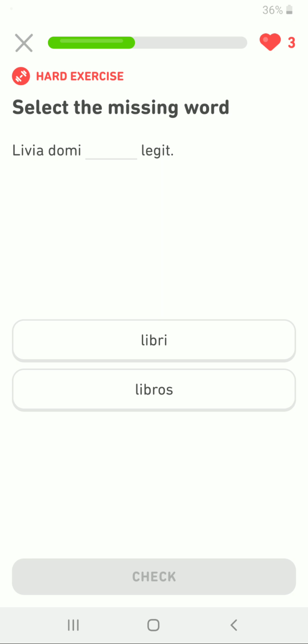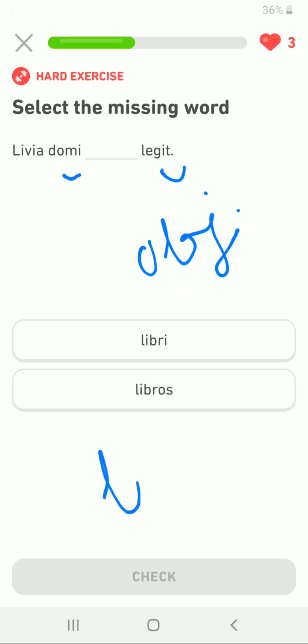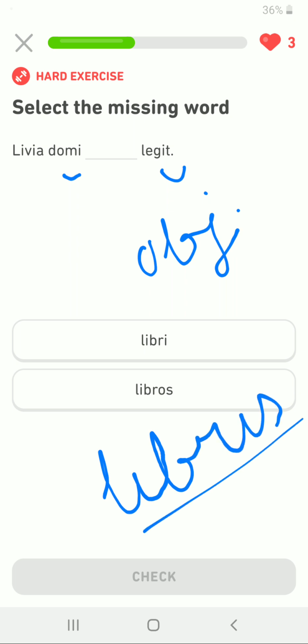So where Livia is, Livia legit domi, and the object here is librus. I think this is how you say it in nominative, yeah.